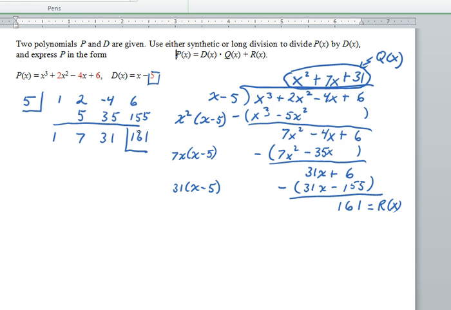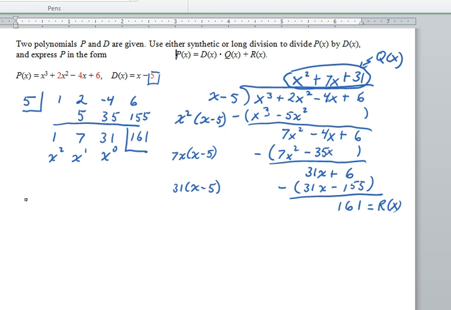The quotient is a second degree polynomial because we started with third degree and divided by a linear factor. 3 take away 1 is 2. So 31 is the x to the 0 term, 7 is the x to the first term coefficient, and 1 is the coefficient of x squared.